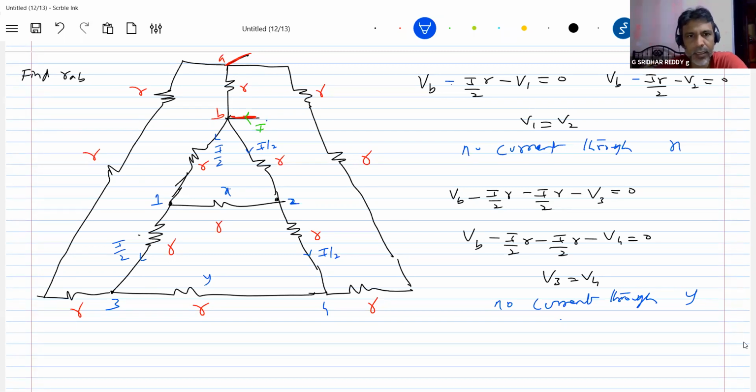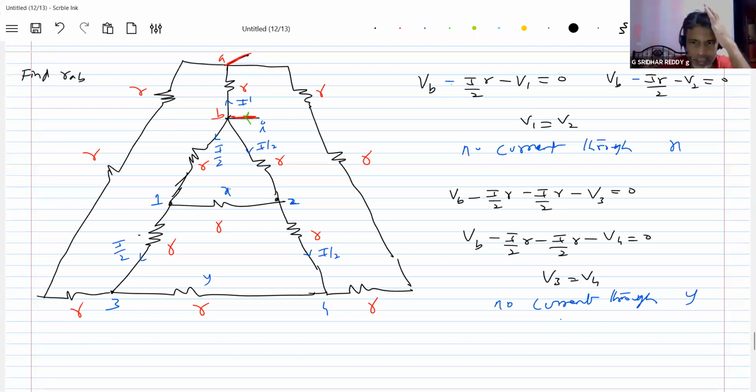I'll call this I dash, some current here. These two branches are not similar, whereas these two branches are similar. So the current I entering should divide equally between the similar ones. Okay, fine, there's a correction I'm making here.